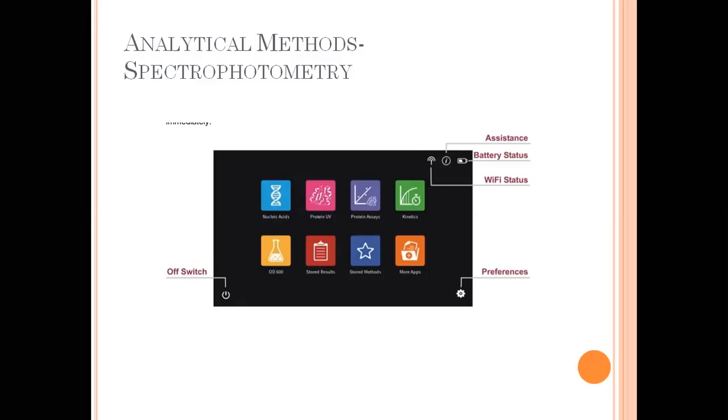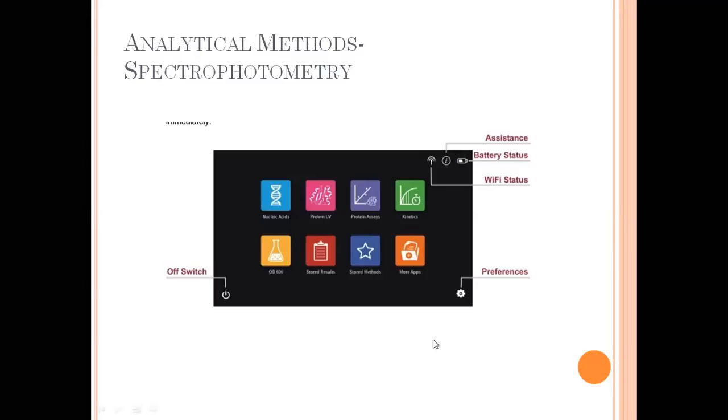Pag OD600, or endpoint assay naman ang sinabi mo, you are going to read the absorbance of the solution just once. Okay, just once. So kindly take note of the difference. So those are the two methods that we commonly use during our measurement in the laboratory.